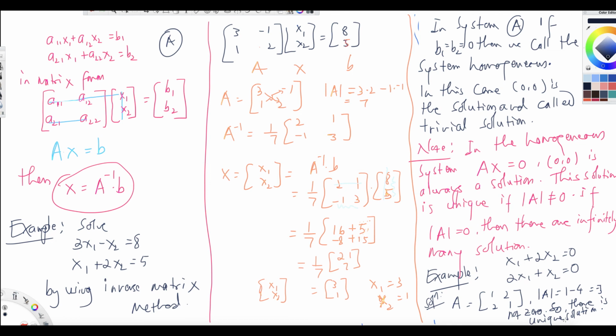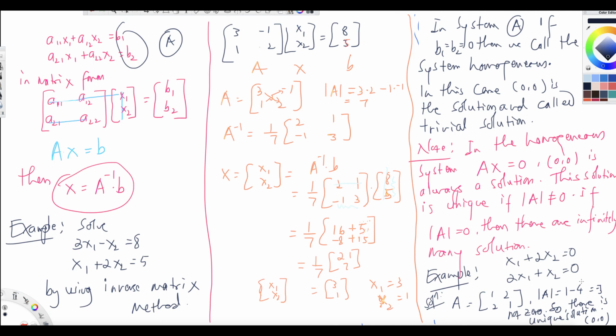If the system has only one solution in the case of right hand side 0, in that case the solution is only (0, 0). So if the homogeneous system has a non-zero determinant, or a non-singular coefficient matrix, then in that case (0, 0) is the only solution.